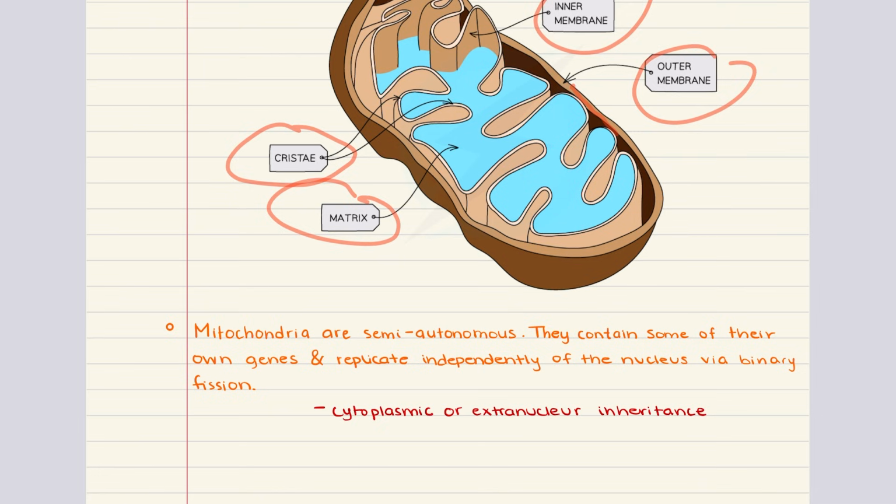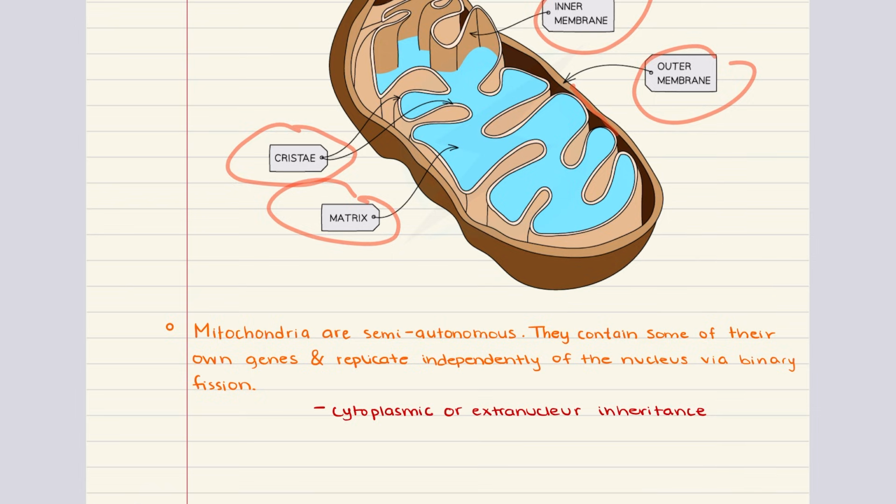And according to this theory, mitochondria are thought to have originated when ancestral eukaryotic cells engulfed an aerobic prokaryote. And rather than being digested, the two cells formed a mutually beneficial relationship. They were friends with benefits. And then over time, the engulfed prokaryote evolved into the mitochondria we see in modern cells today.